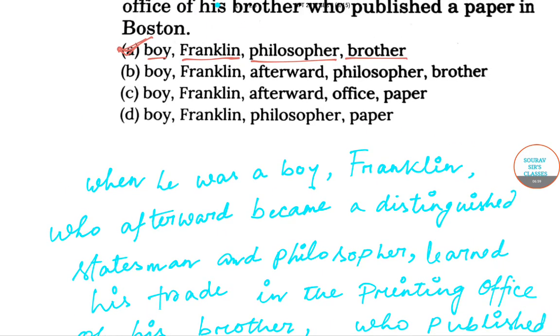So here option A is the correct answer. That is boy, Franklin, philosopher, and brother.